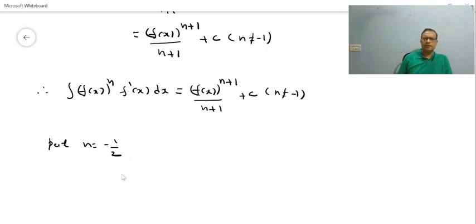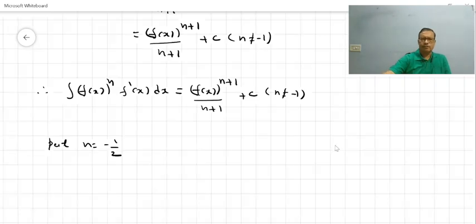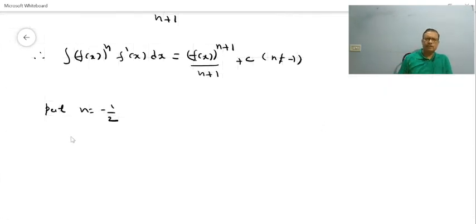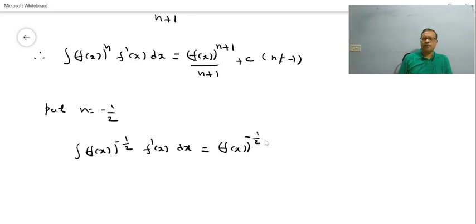So what will we get? The integral of (f(x))^(-1/2) f'(x) dx is equal to (f(x))^(-1/2 + 1) divided by (-1/2 + 1) plus constant.